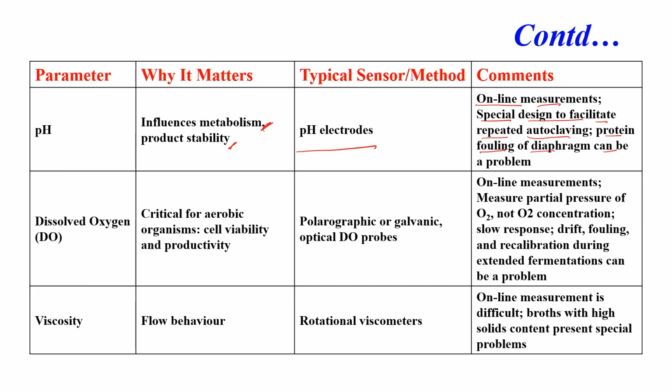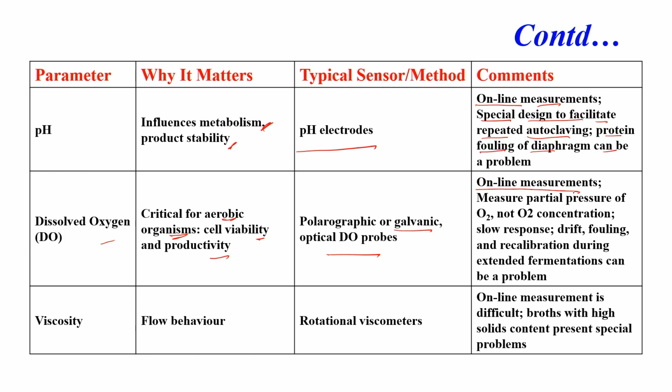Dissolved oxygen is very critical for aerobic organisms. It also indicates the cell viability and productivity. So, we go for polarographic or galvanic electrodes or optical dissolved oxygen probes.